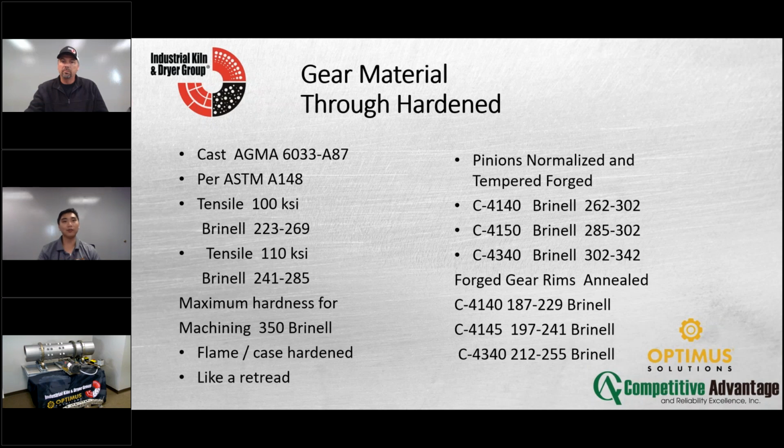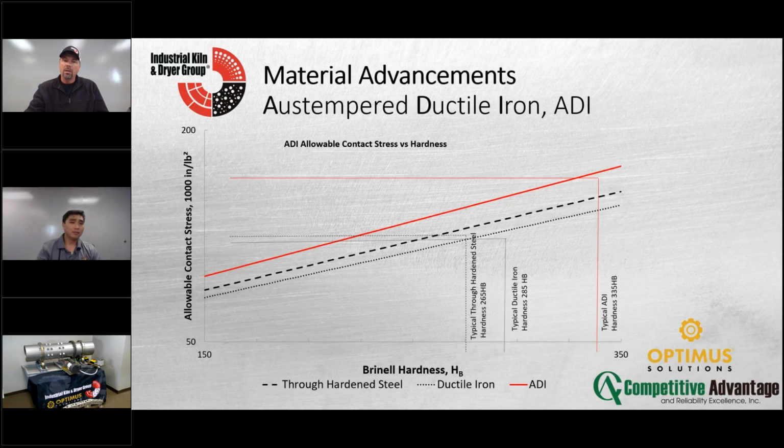Well, to start off with, you got to pick a material, right? And just the material itself, as you guys see, there's a lot of different types. You have through hardened, you have castables, you have case hardened. We even have some newer materials.